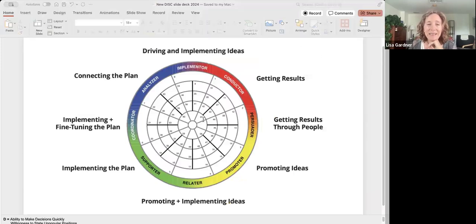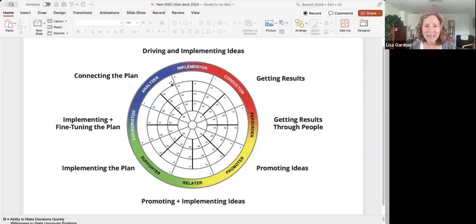Now, one of the things we want to know is that behavioral styles can blend. So, you may have two that you tend to be strong in. And this is a great wheel that just shows why we need all of these behavioral styles in our life.